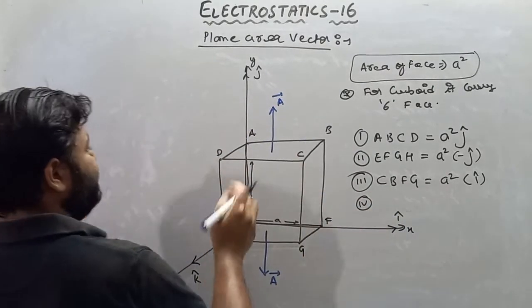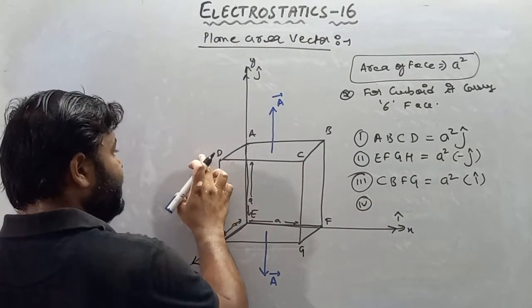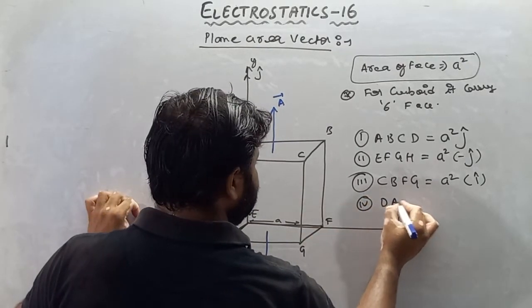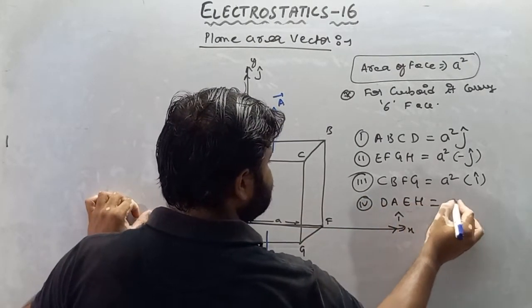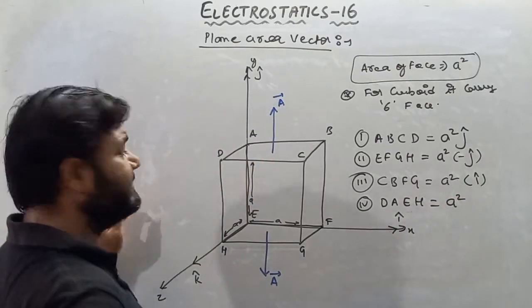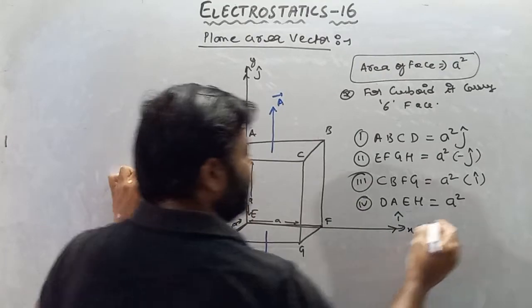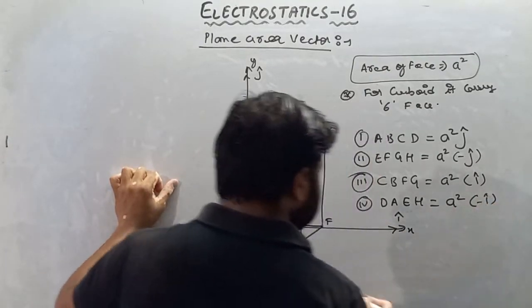Next, moving forward to the 4th face. Opposite to this is DAEH. Its magnitude of area is a square and this face is towards the negative x-axis, so I'll write it as minus i cap.